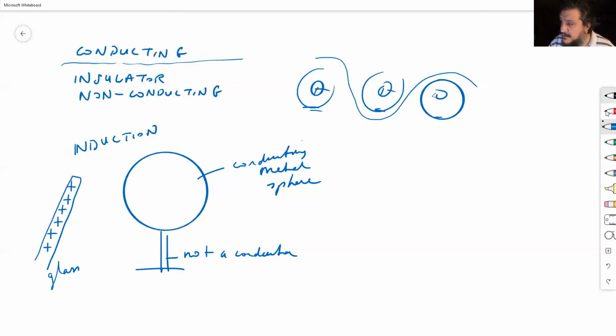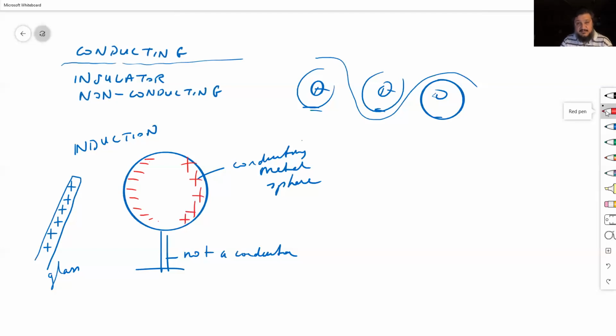So the negative charges will move to this side of the sphere. Why? Because opposite charges attract. Remember, the negative charges, the electrons, will be attracted by the glass tube. They're going to move there. Now, just because negative charges move to one side, the other side will automatically become positively charged.